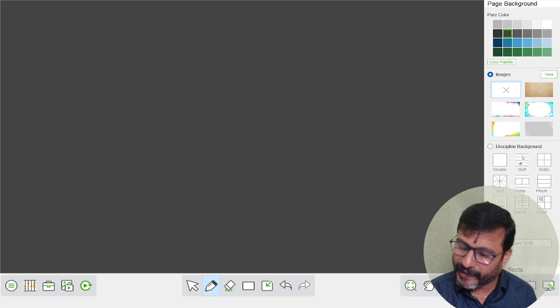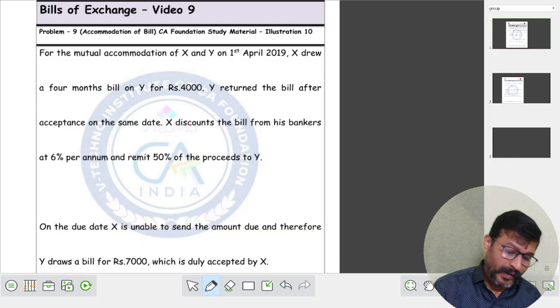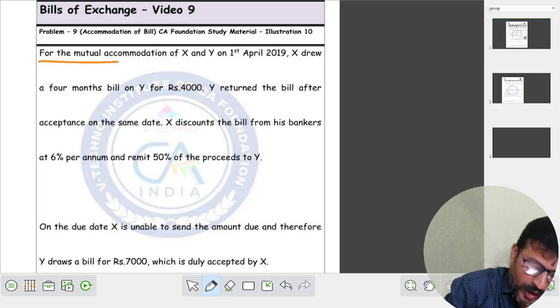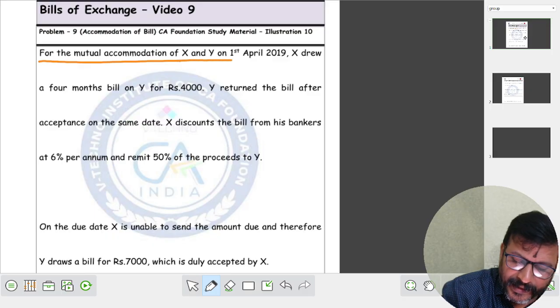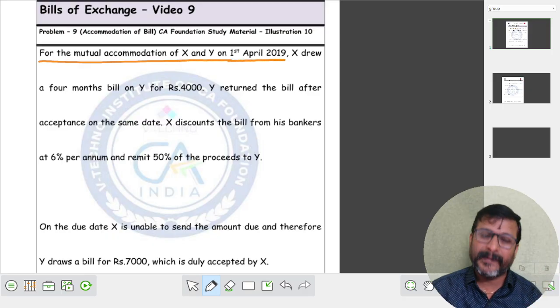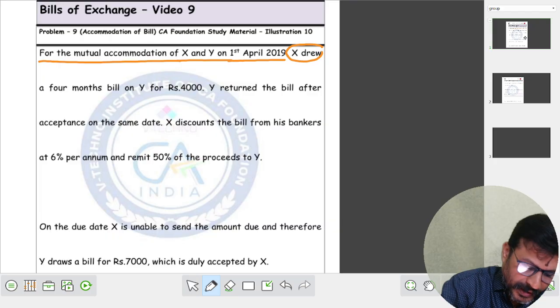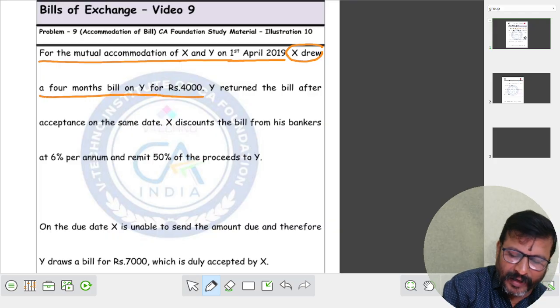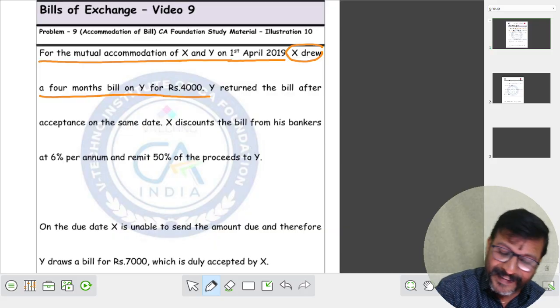See what happened in this particular problem. For mutual accommodation of X and Y, on April 2018, X drew the 4 months bill on Y. Who drew? X drew.